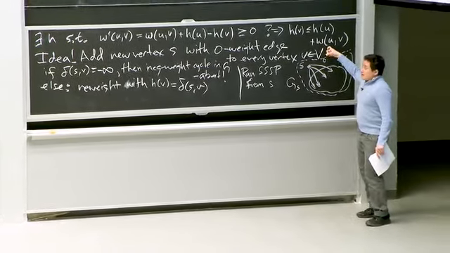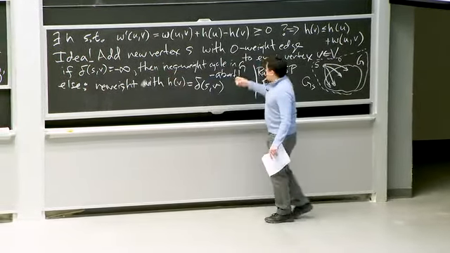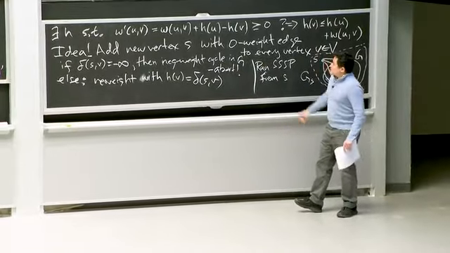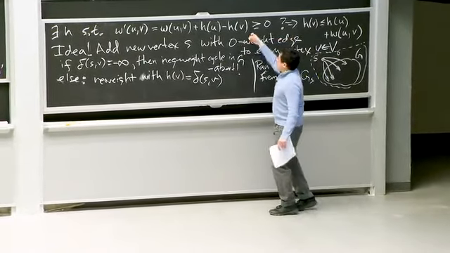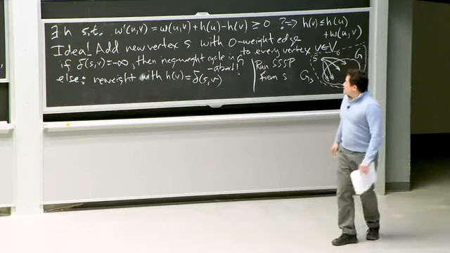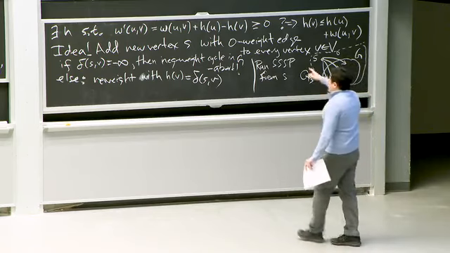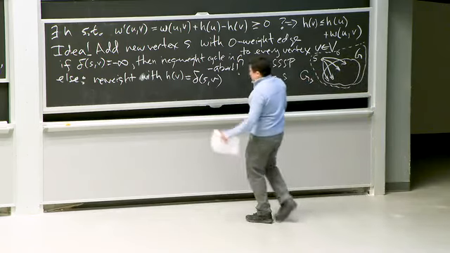And because there are no negative cycles, all of these values are finite, and then this reweighting will lead to a graph with strictly, or not strictly, no negative weights, or non-negative weights. Okay, great.